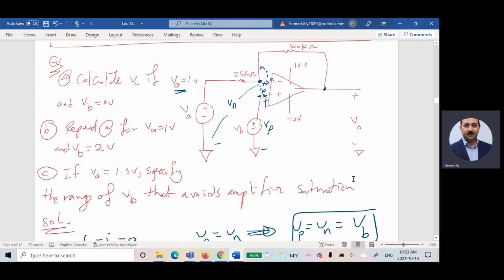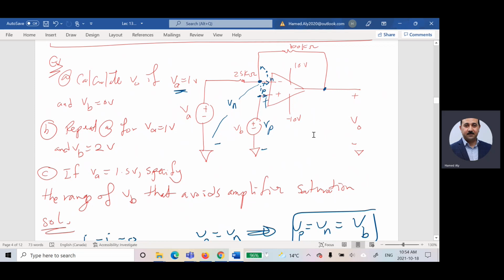What do you mean by avoids amplifier saturation? He means, please find the range of values for VB such that your output voltage, which is VO, is in between 10 and -10.